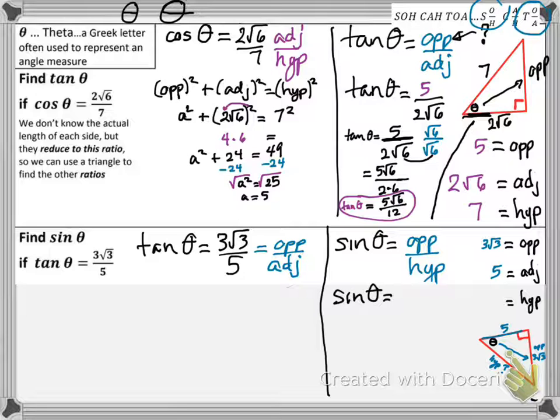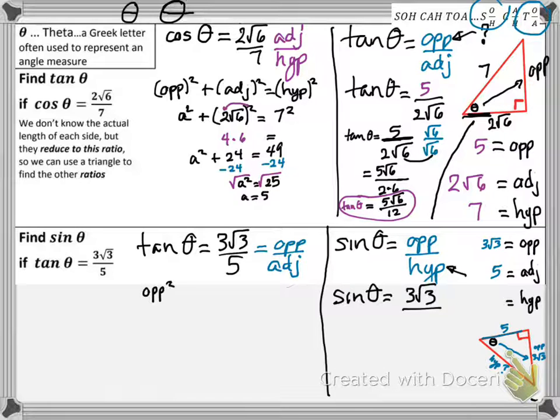Okay, opposite over adjacent. I already know my opposite side was 3 root 3. I don't know my hypotenuse. That's the one I'm going to have to work on right now. I'm going to come over to the ones that I know and say Pythagorean theorem.